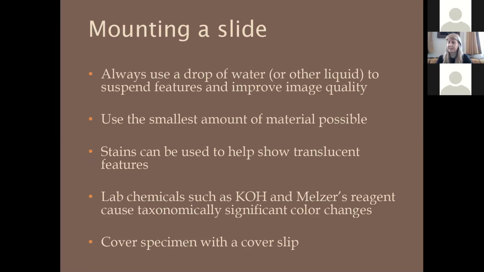So if you have a guide and you're like, well, it could be this or it could be this, I know it's at least in this genus, but I'm not sure which species it is, your key might tell you that a certain type of fungal tissue turns a color with the application of this chemical, or the specific tissue turns purple with the application of Melzer's reagent or whatever like that.